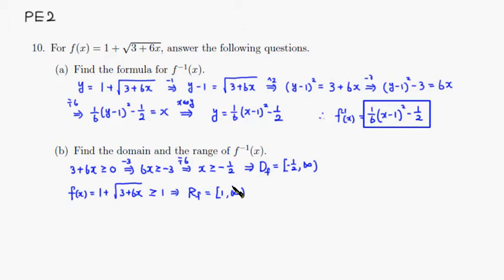So to answer the question, since we're talking about inverse, you just have to flip the domain and range. Therefore, the domain of f inverse is the same thing as the range of the original function, which is 1 to infinity.